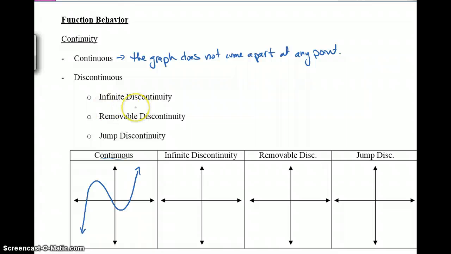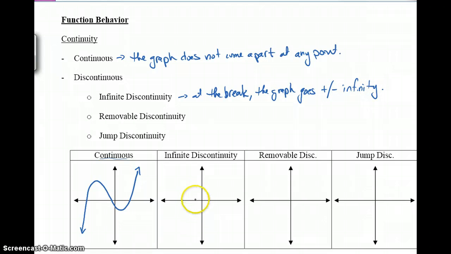The first one that we will talk about is something called the infinite discontinuity. When there is a break, so at the break, the graph splits, and the graph goes to infinity or negative infinity.